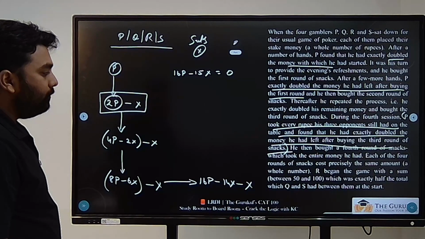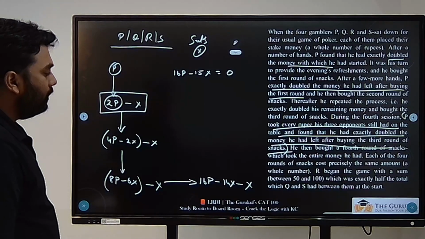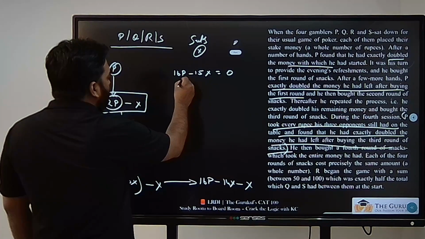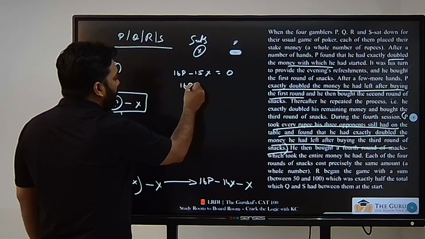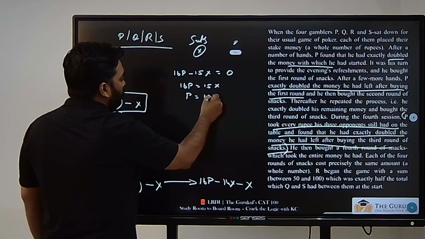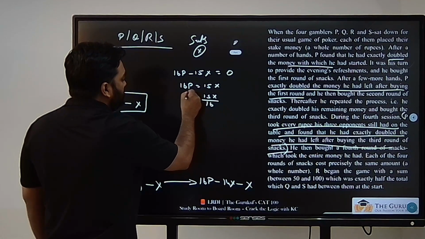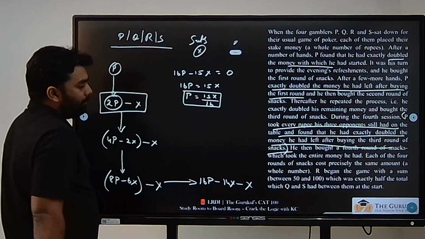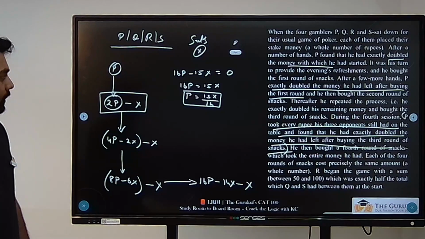R began the game with a sum between 50 and 100, which was exactly half of what Q and S had with them. So can I say 16P is equal to 15X and P will be equal to 15X by 16? That is one conclusion.